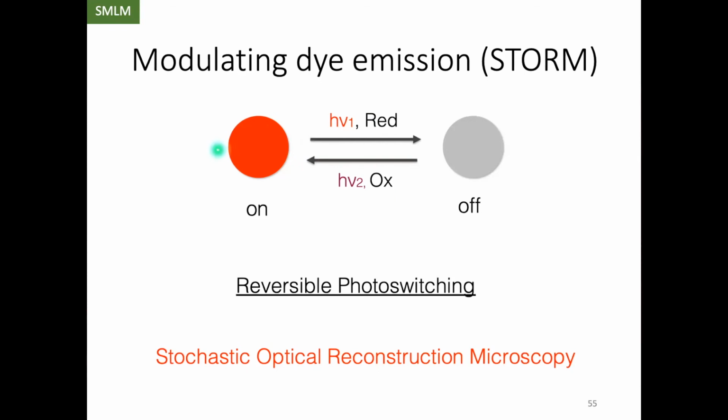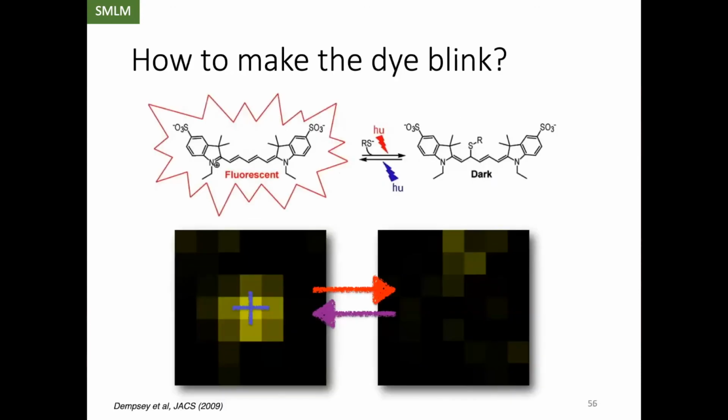We have a molecule which is fluorescent. We shine light, and we get a reduction to the reduced state. In this case, the reduced state is non-fluorescent. But this is reversible. Using a different wavelength, we can oxidize the dye back to the fluorescent state. So we get an on-off switching of this dye. So it's reversible.